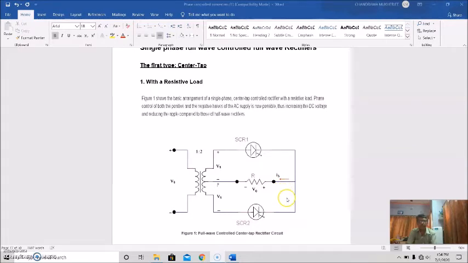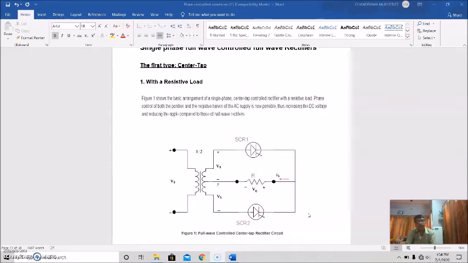See, this is center tap. This is the source voltage, and the center tap is from here. So this is the basic arrangement of a single phase center tap controlled rectifier with resistive load.